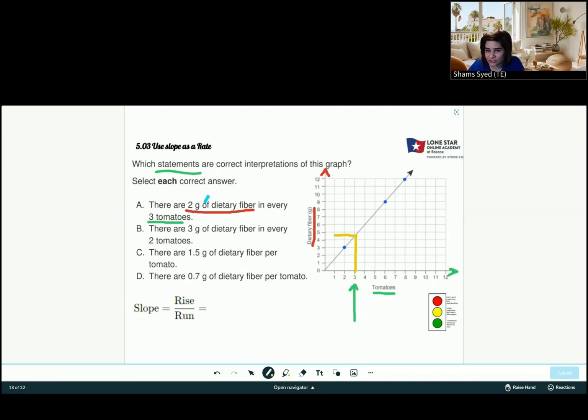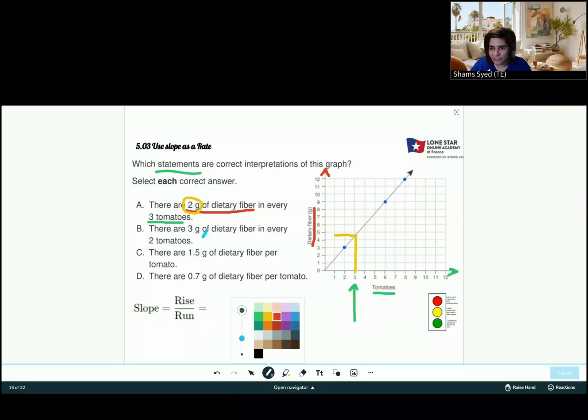Do you guys think for 3 tomatoes it is 2 grams? No, it is between 4 and 5. The number between 4 and 5, Stephen, is not 2. Right, Stephen? When tomatoes are 3, the number is 4.5-ish. Cannot say that is right. Let's go ahead and try the next one. Ariana, I agree with you.